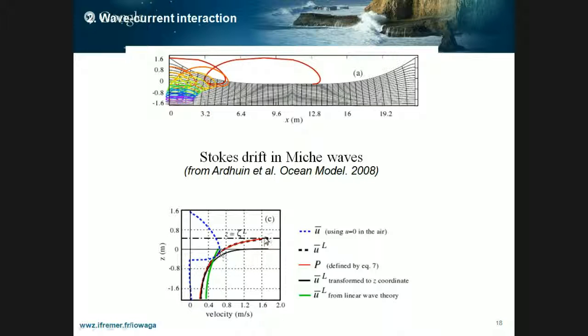And so from our wave field, we can define this thing. So we get this profile of velocity. There's a bit of a trick because when you do this transformation, the generalized Lagrangian mean, you're averaging at the position of the displaced particles, and so with the waves, you have more water in the crests than you have water in the trough. As a result, the mean position of the particles is higher than the actual mean sea level.